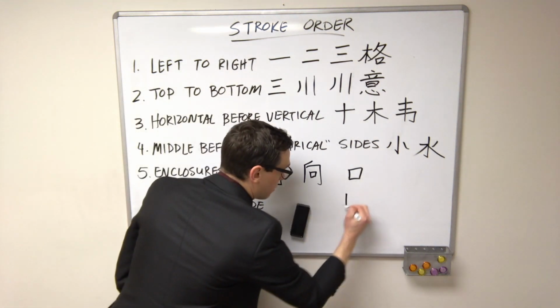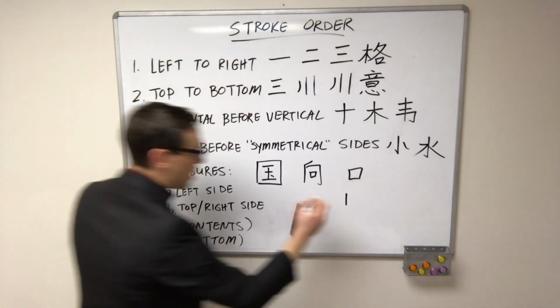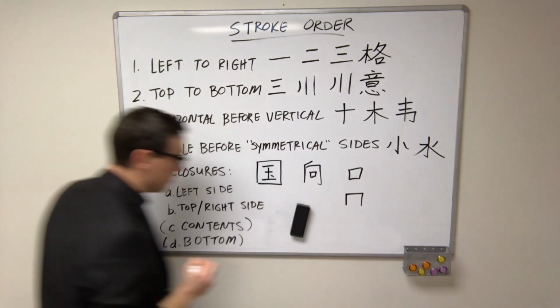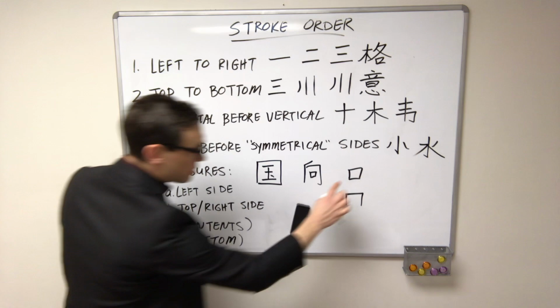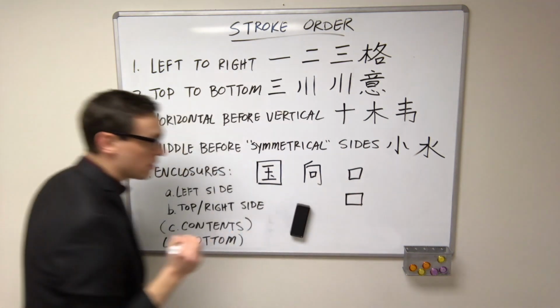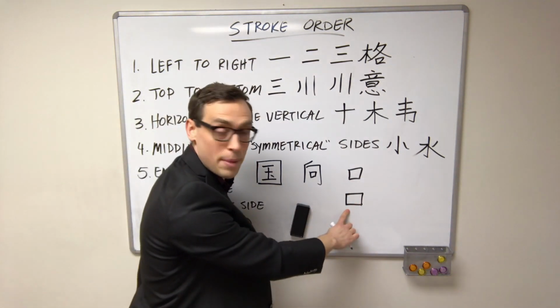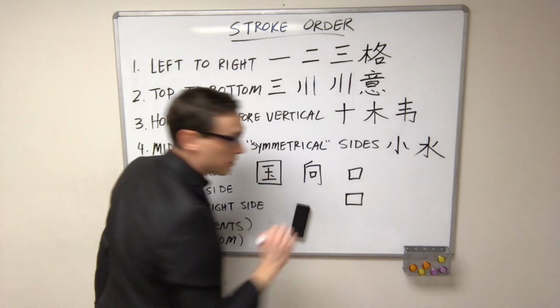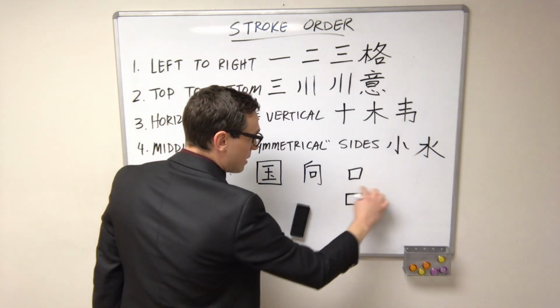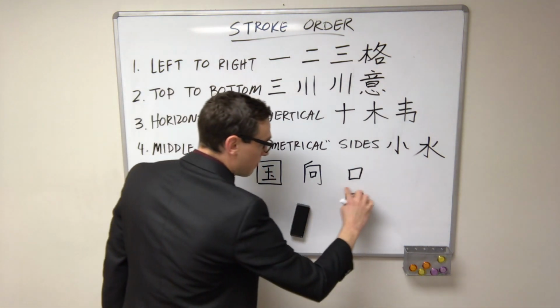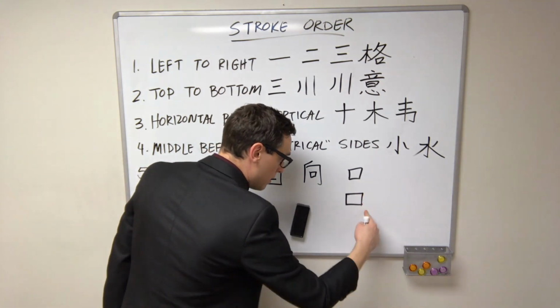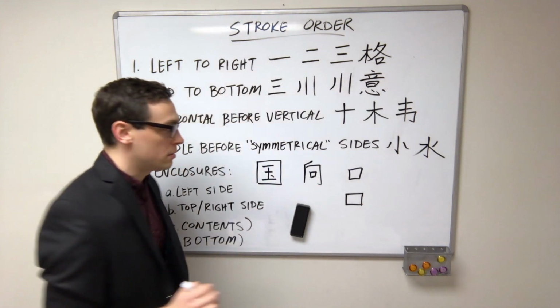So we have the left side, the top and right, and then since there's no contents, we can go ahead and just close it. Notice that when I closed it on the bottom, I was going from left to right. When I did this top right, I was going from left to right, and then from top down.